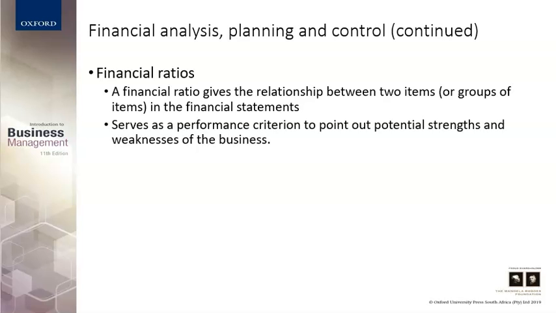A financial ratio gives the relationship between two items or two groups of items in the financial statements, and these may be from the cash flow statement, the statement of the financial position or the financial statement of the organization. They serve as performance criterion to point out potential strengths as well as potential weaknesses of the business.